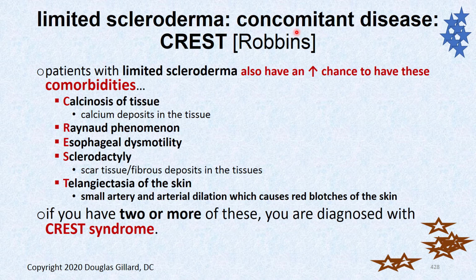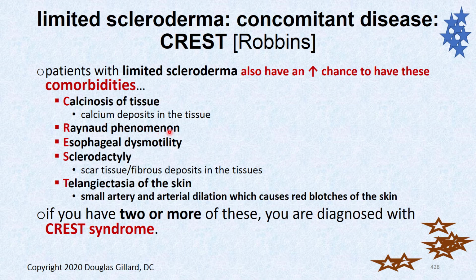So limited scleroderma, concomitant diseases, it's a member of CREST syndrome. So let's remember CREST. These people have calcification of tissue all over the body. You see it in the ribs, the costochondral cartilage loves to get calcified. It can happen in the brain, in the liver, in the heart. They just calcify all over the place.